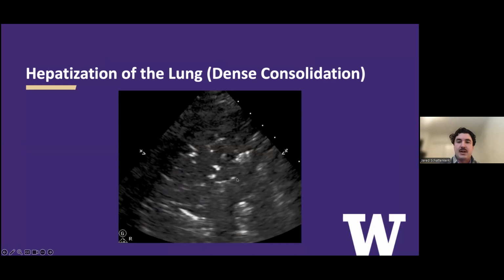That's just because it's become either completely filled or completely collapsed. And so it starts to look like this more dense hypoechoic structure compared to what we were seeing with early lung tissue. So this is indicative of either a dense consolidation or complete atelectasis. Again, you need to use your other clinical clues to differentiate between those two, but it can provide some additional diagnostic information in a pretty short amount of time, as say you're working to admit a patient from the ED to the floors.